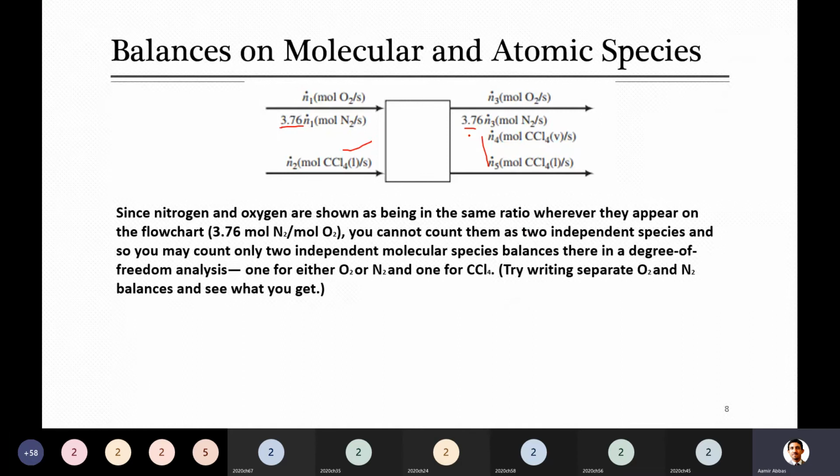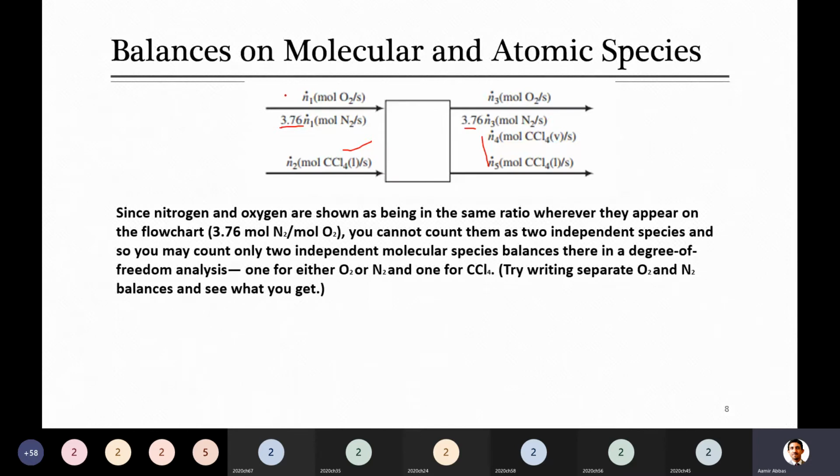Similarly you can write for the nitrogen. So what do you think for oxygen and nitrogen? Are these independent balances? If you write the equations in your notebooks, you can see that these two are not independent. Similarly, check for chlorine and carbon.